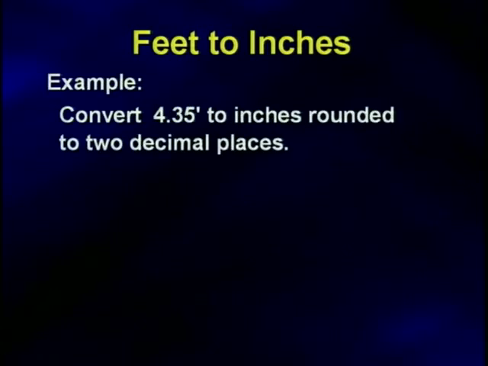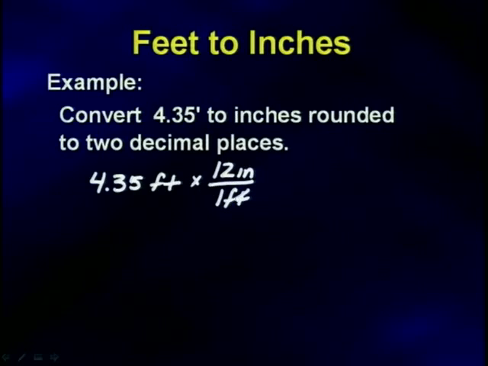Good. One more example of feet to inches. 4.35 feet to inches rounded to 2 decimal places. So again, I'm going to use the same conversion we just used, 12 inches over 1 foot. The feet units will cancel. So I have to do 12 times 4.35, which is 52.2 inches. Good.